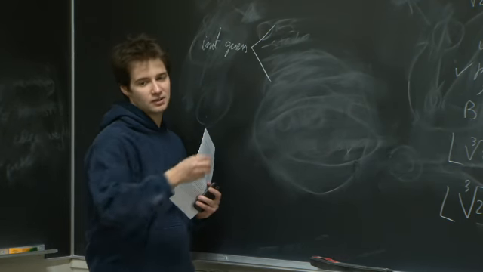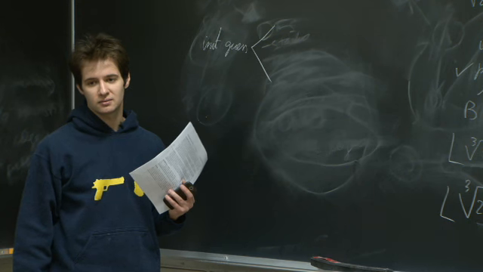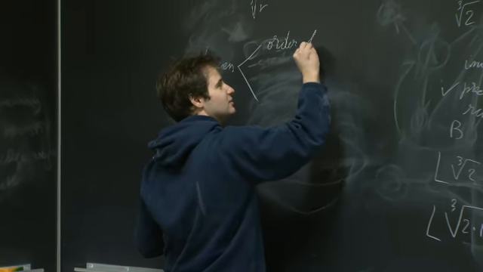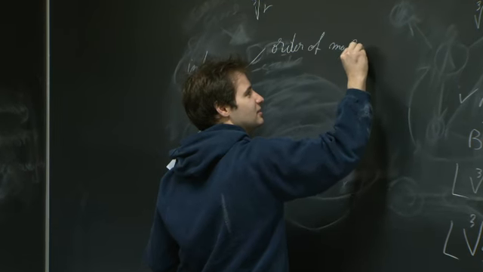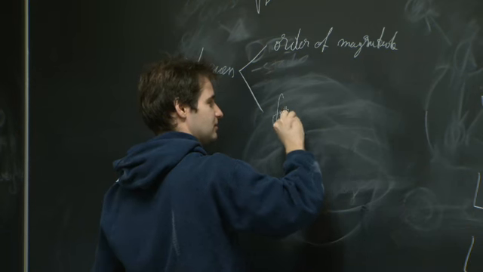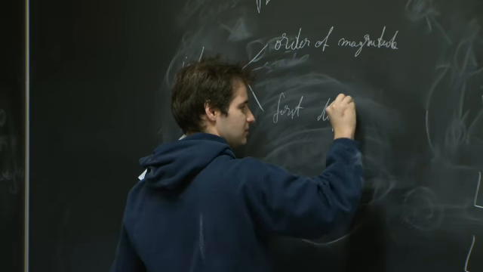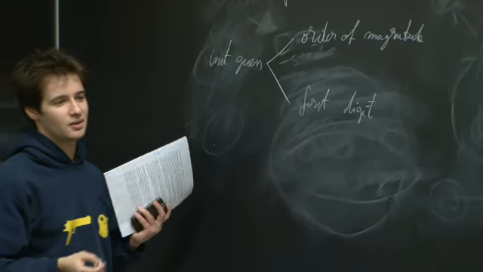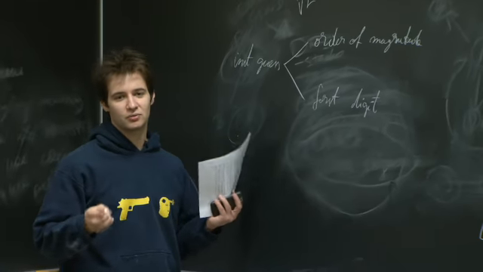So what are the 2 things that I want from a good initial guess? Order of magnitude. Okay. First digit. Perfect. Order of magnitude is a fancy CSE way to say right number of digits.